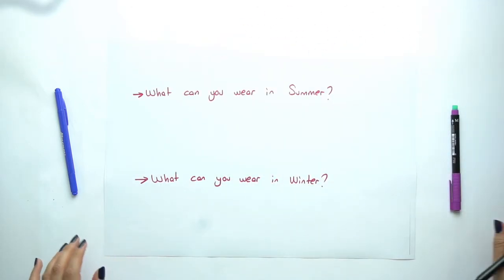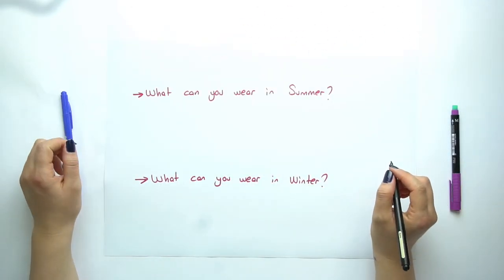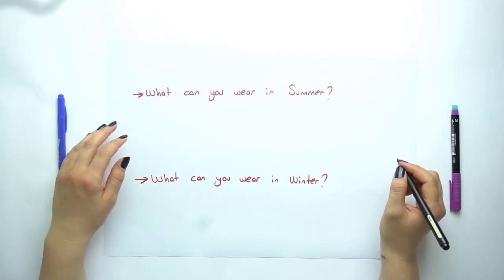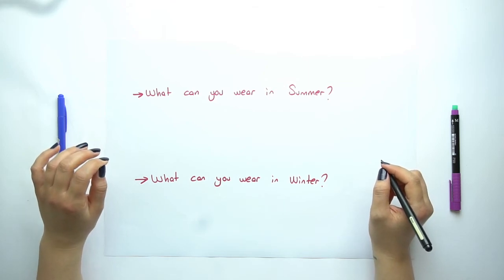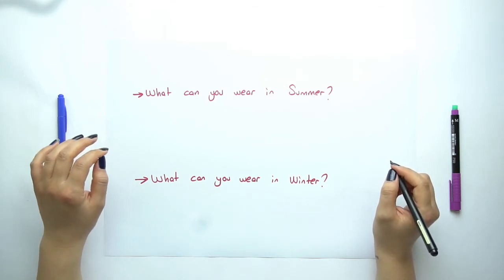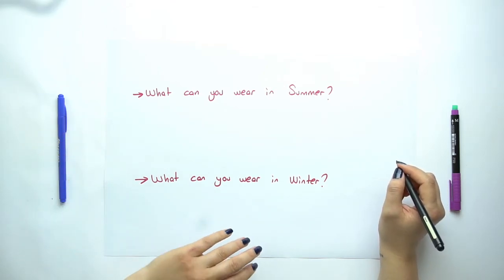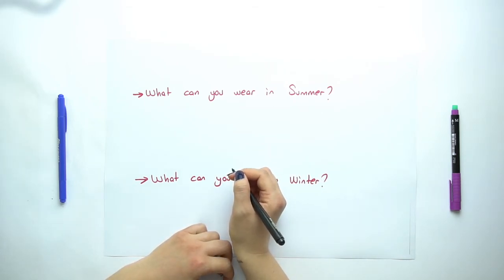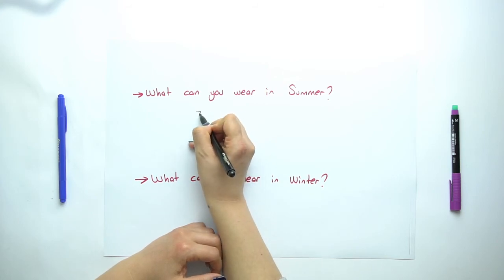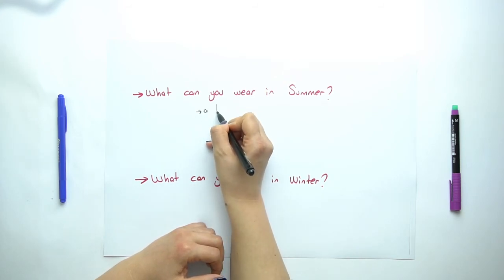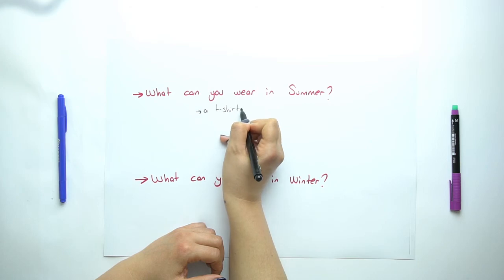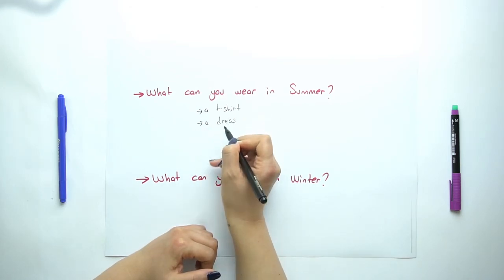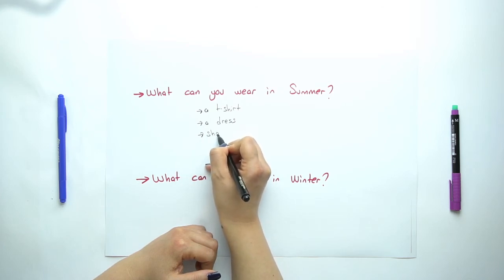Now we will talk about the clothes according to seasons. Okay, what can you wear in summer? So I will give 3 examples for each part. All right, so let's write 3 clothes for summer. What can we wear in summer? We can wear a t-shirt, a dress, and shorts.